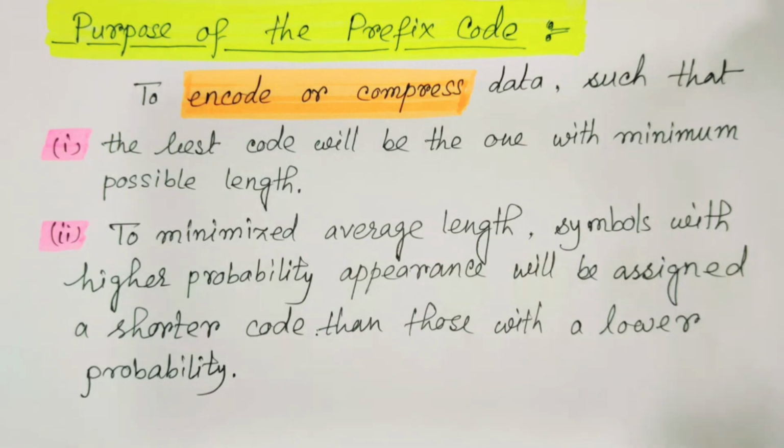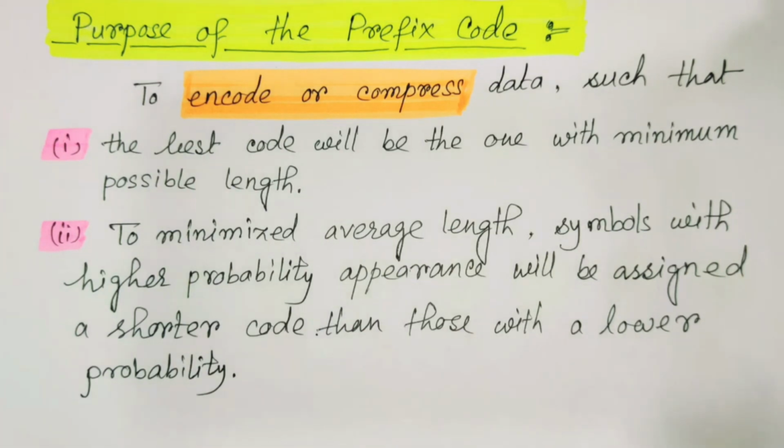And to minimize average length, symbols with higher probability of appearance will be assigned a shorter code than those with lower probability. That means suppose a coded sequence is given; whichever numbers appear many times have a higher probability to appear. For such data we should use a short prefix code, and for those occurring less often, we may consider a longer code.